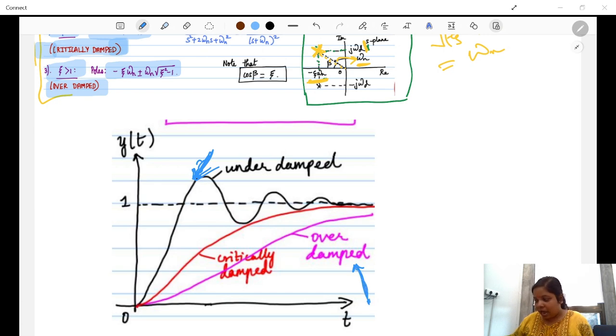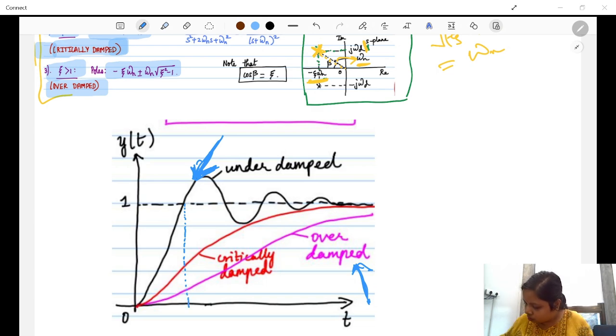This is with high damping. The other is with very low damping, and there is a case called critically damped system, in which you just damp the system, and it is not a very high zeta also, but you don't experience any overshoot on the other side also.